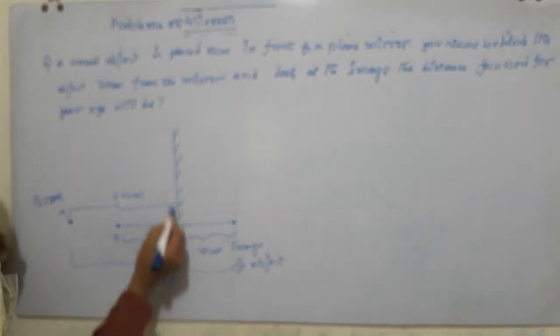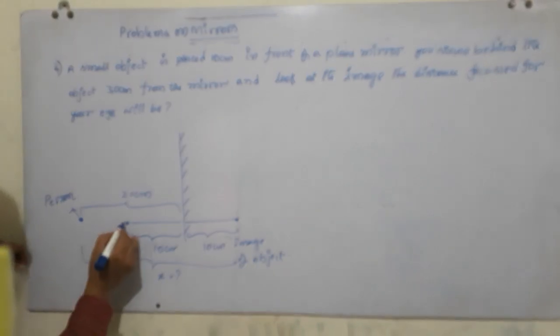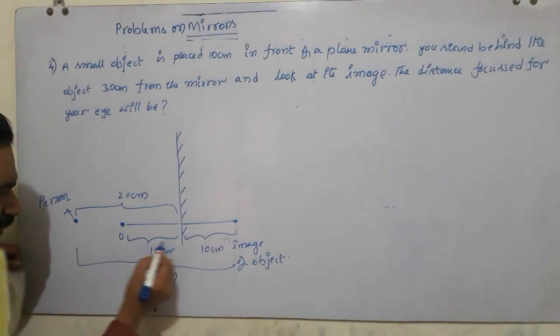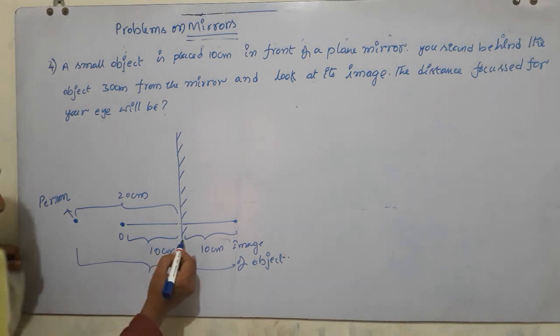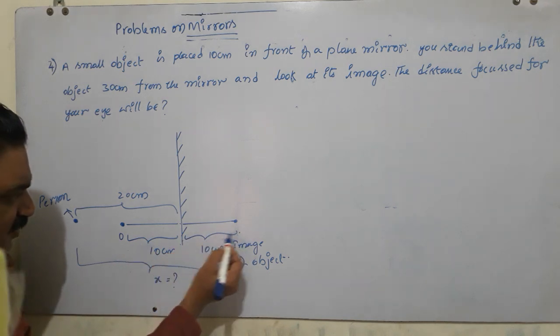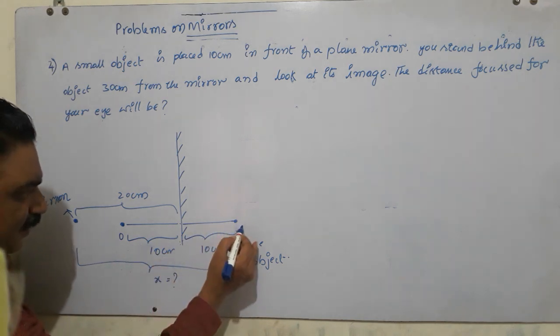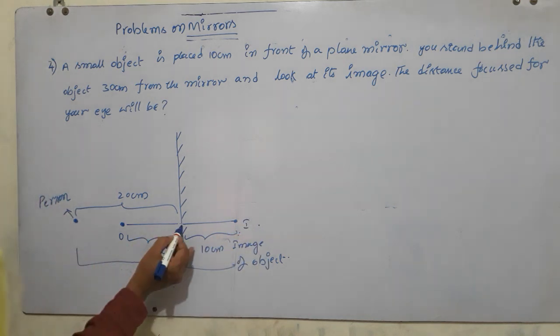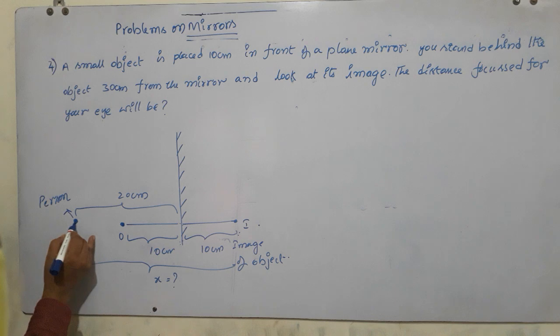See here, this is the mirror. The object is kept in front of the mirror at a distance of 10 centimeters, so the image will be formed at a distance of 10 centimeters behind the mirror. And now the person stands behind this object, in front of the mirror, at a distance of 20 centimeters.